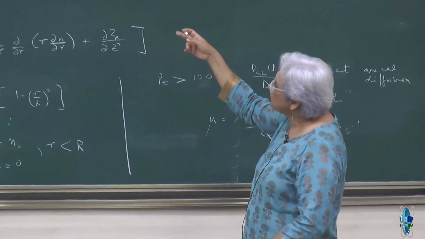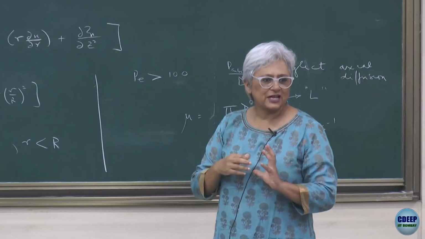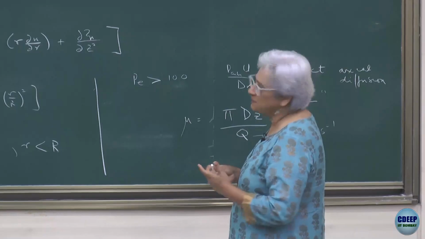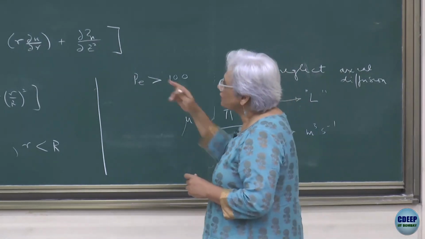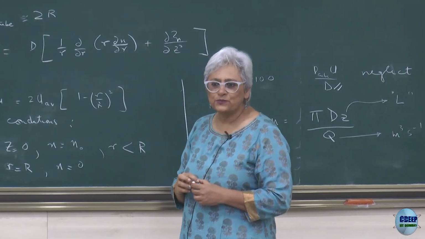But what is being plotted here is 1 minus p, which is the fraction of the particles that actually deposited within the pipe, as a function of that mu, which is the pi d L by Q parameter.